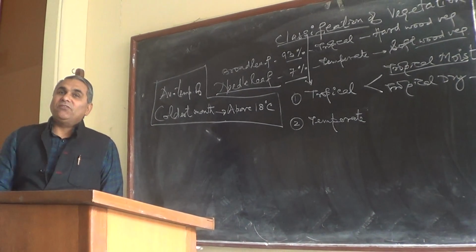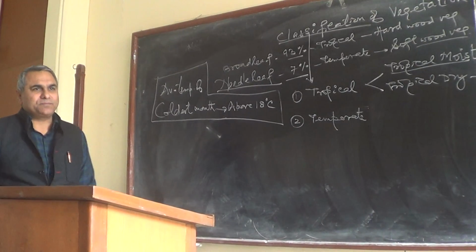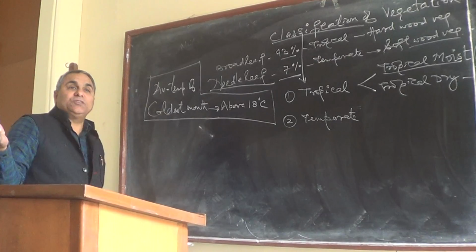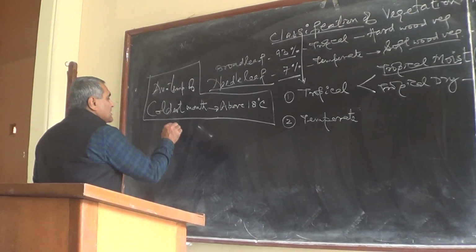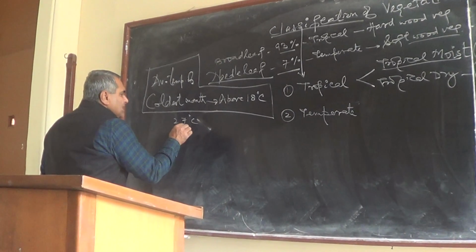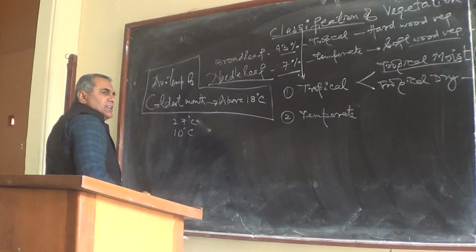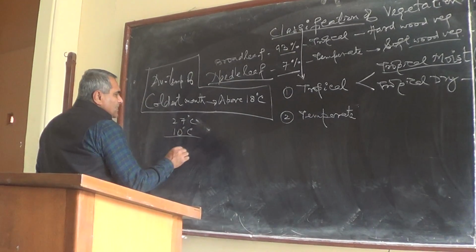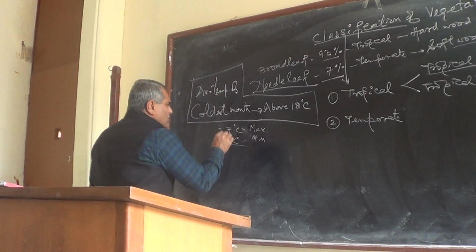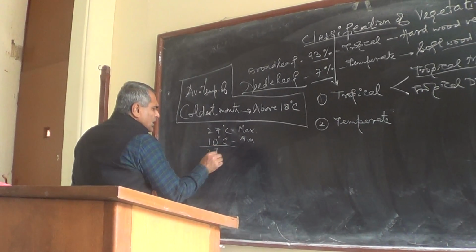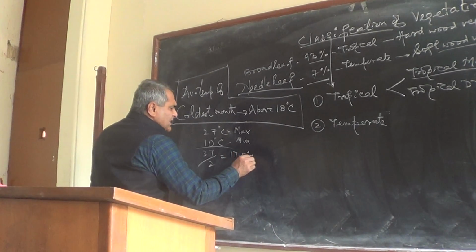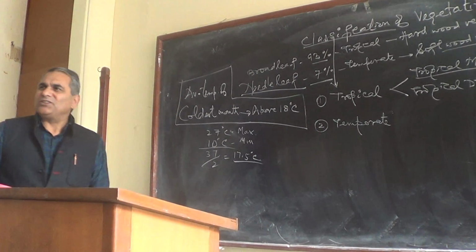Average means the average of maximum and minimum. Suppose nowadays the maximum temperature sometimes goes to 27 degrees Celsius, and the minimum comes to about 10 degrees Celsius at night. So the total is 37, divided by 2, which is about 17.5 degrees Celsius. So this is the coldest month.